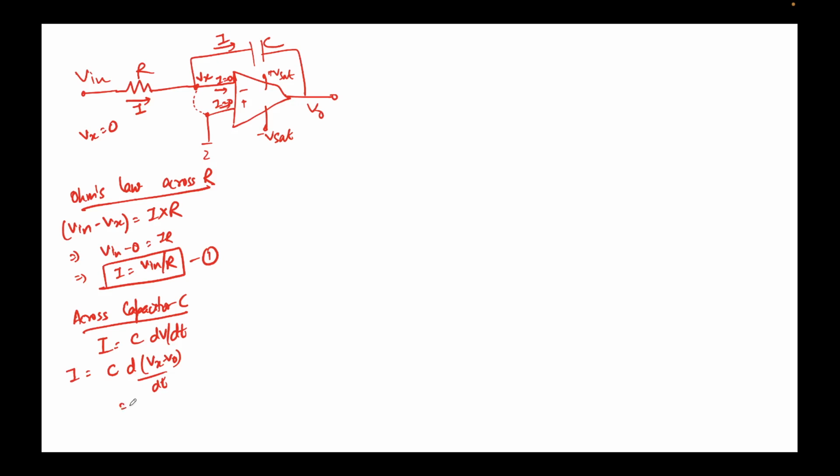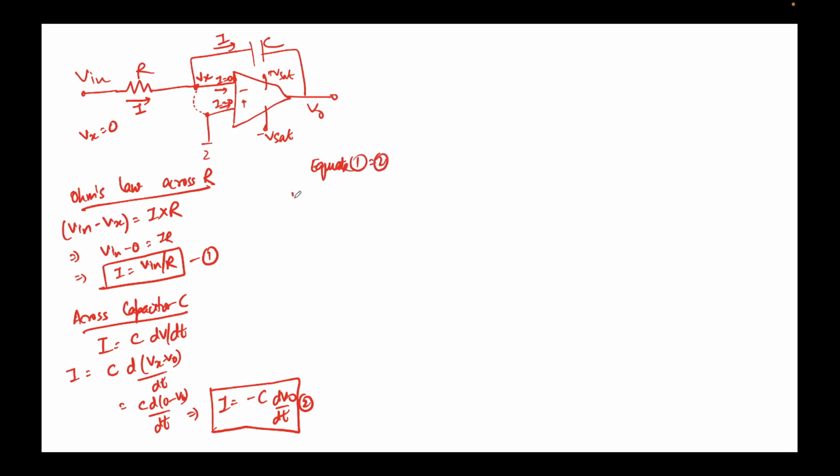Since Vx is 0, I can simply write d of 0 minus V naught over dt. This expression comes out to be minus C dV naught over dt. Now I am going to equate 1 and 2, because both are expressions of current I.